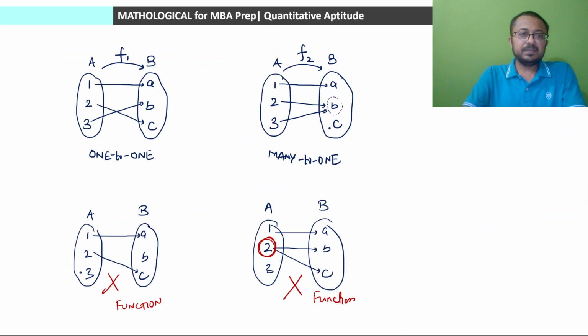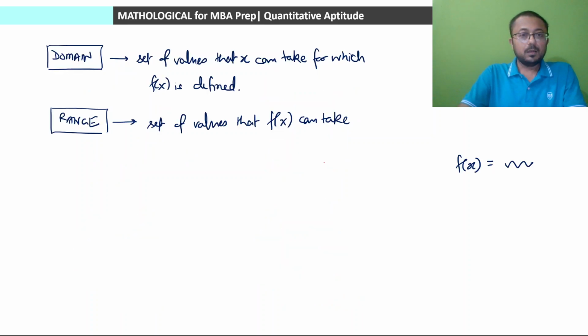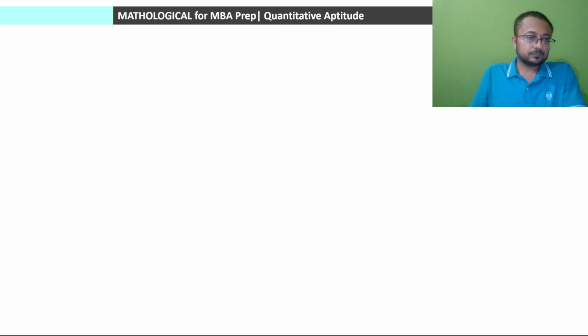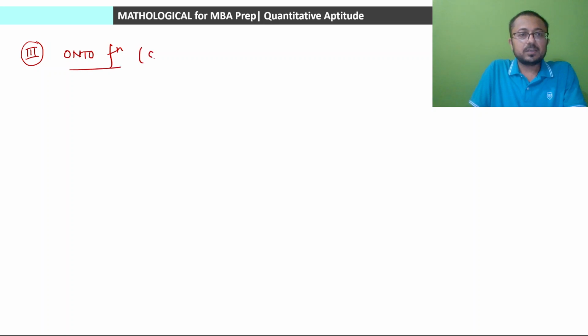For example, we have seen this before. This function was a one-one function and this function here was a many-to-one function. Now the second distinction, that is an onto function, which is also known as a surjective function.